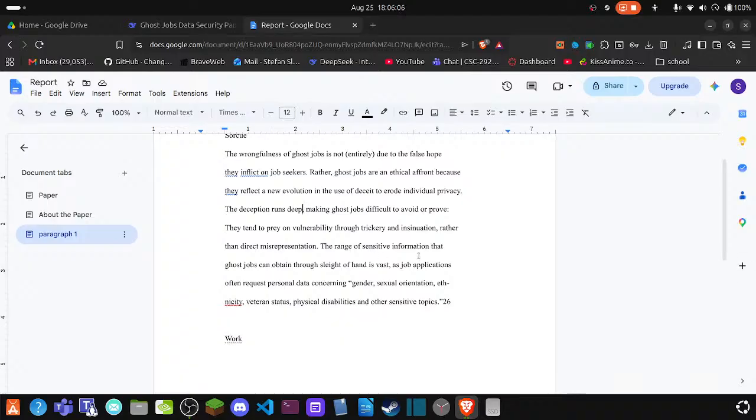The range of sensitive information that ghost jobs can obtain through sleight of hand is vast, as job applications often require personal data concerning gender, sexual orientation, ethnicity, veteran status, physical disability, or other. So this one is going to be the first one, talking about types of information that ghost jobs can obtain.